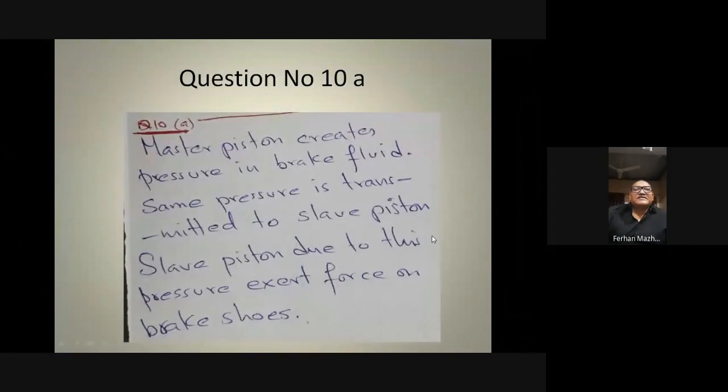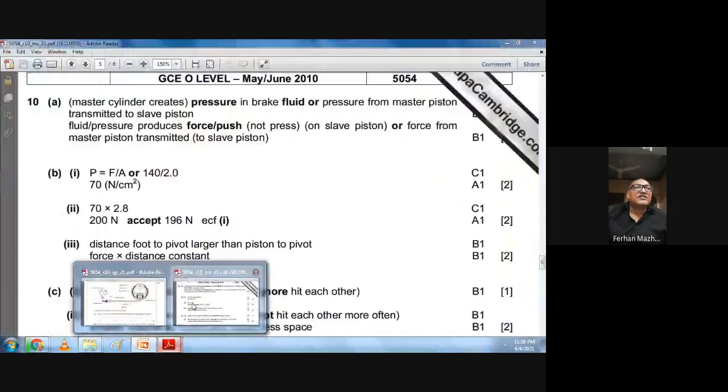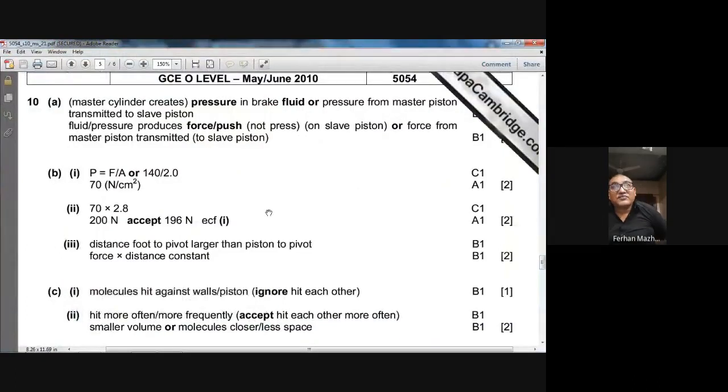So the master piston creates pressure in the brake fluid. The same pressure is transmitted to the slave piston. Slave piston, due to this pressure, exerts force on the brake shoes. So let's check the marking scheme. The marking scheme says the master cylinder creates pressure in the brake fluid or pressure from the master piston is transmitted to the slave piston.